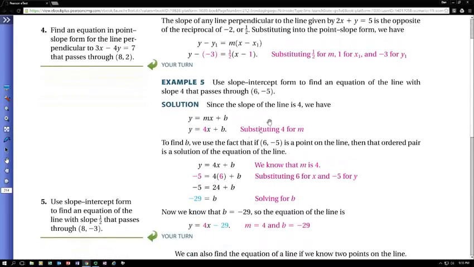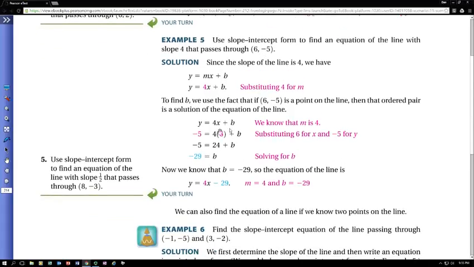I can do something here by saying, well, I know in the slope-intercept form I have y equals mx plus b. So I could go y equals 4x plus b. Now if I knew what b was, I'd be done. But I do know that a solution to this equation has to be (6, -5).